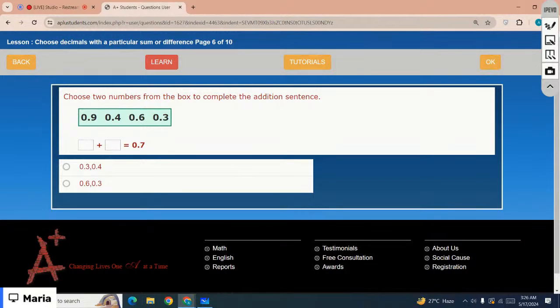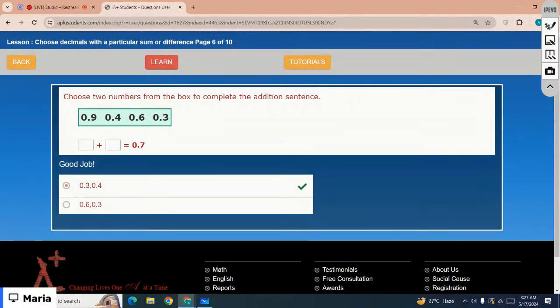Choose two numbers from the box to complete the addition sentence. So, which is the correct option? That is option number one. 0.3 plus 0.4 equals 0.7.